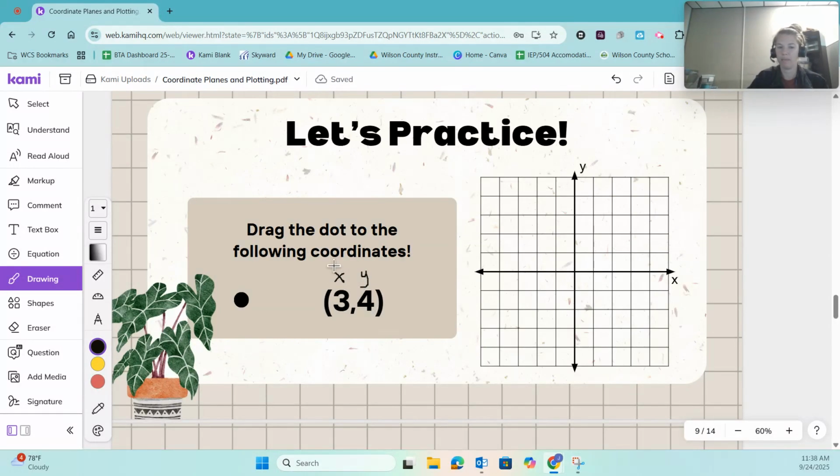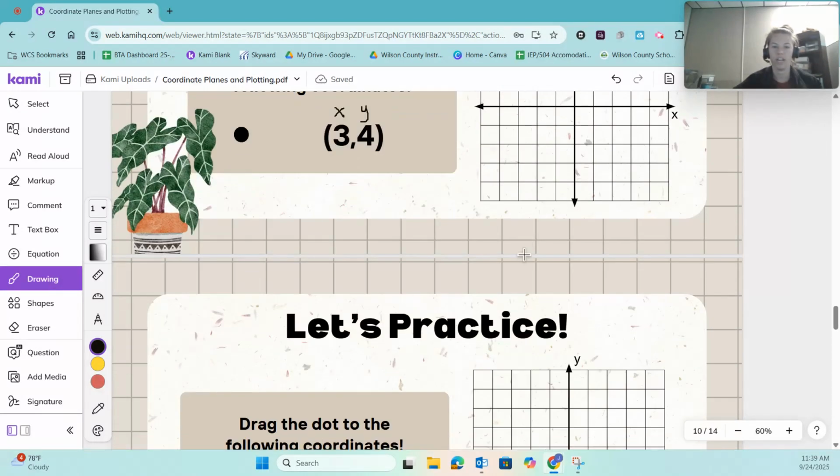You can remember that because x comes before y in the alphabet: X, Y, Z, right? So x comes first. We start at (0, 0) always, and we go to +3 on my number line, and then we go up 4 because it's positive. My point would be right here, (3, 4).